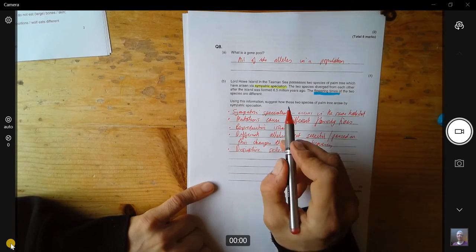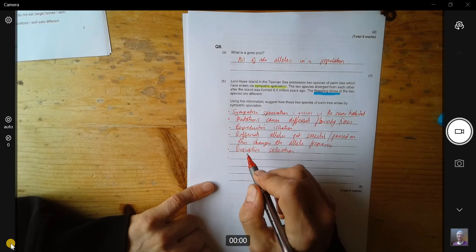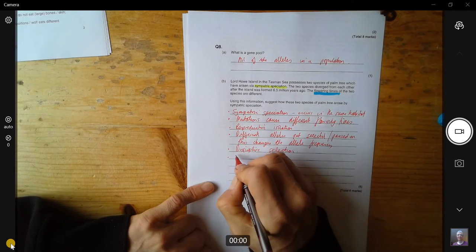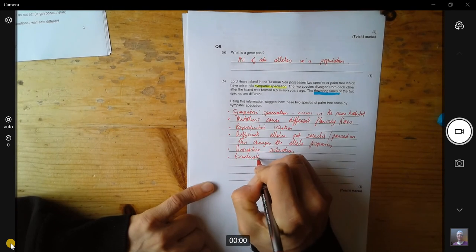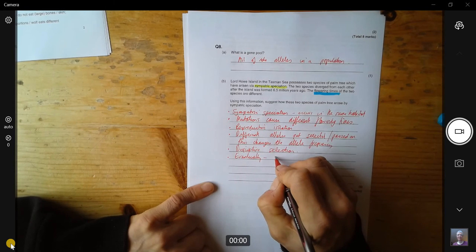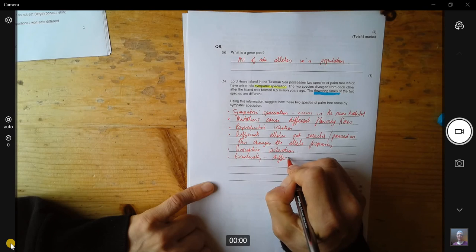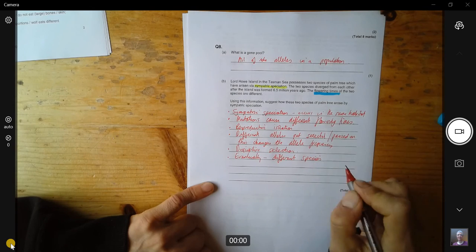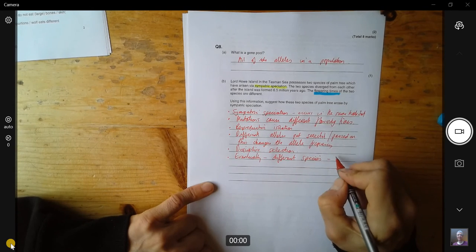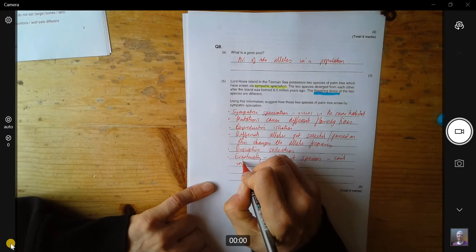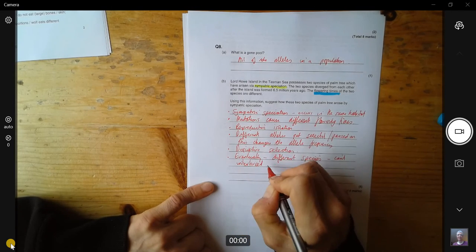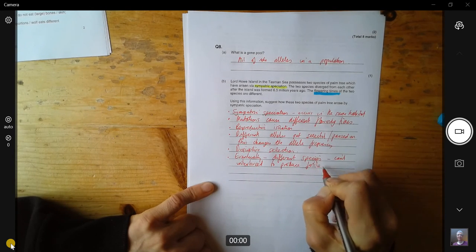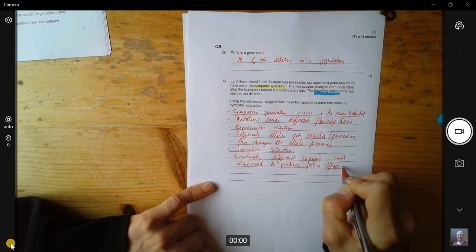And eventually, this is all about speciation. So what's the end point of speciation? It's when we've got different species that can't interbreed to produce fertile offspring. So eventually we have different species, and we'll just say what that means: they can't interbreed to produce fertile offspring.